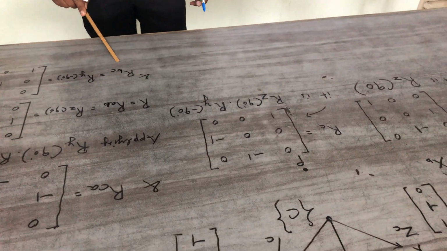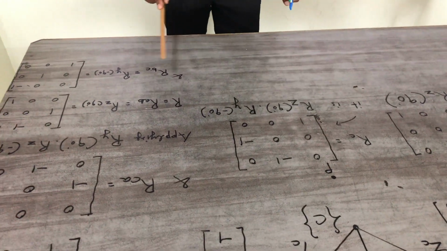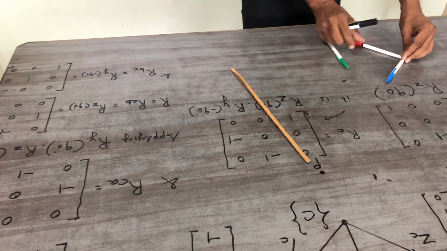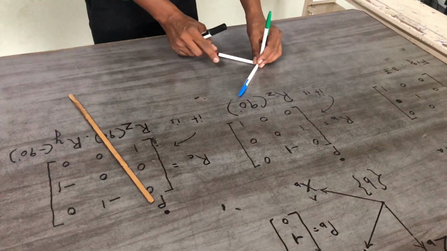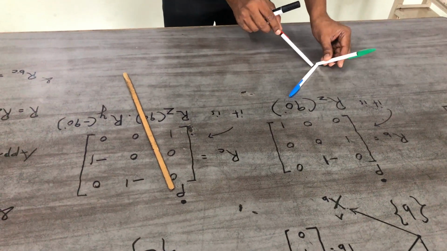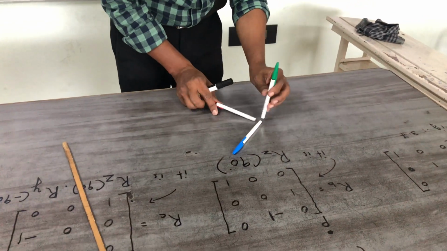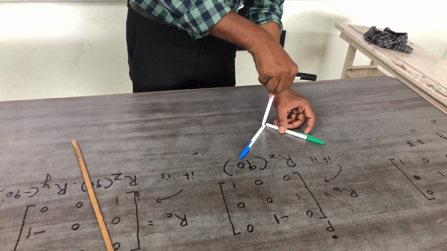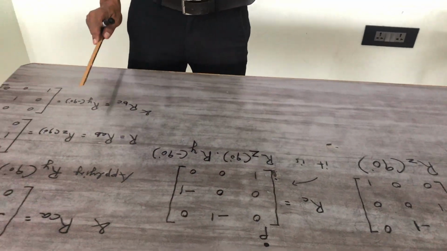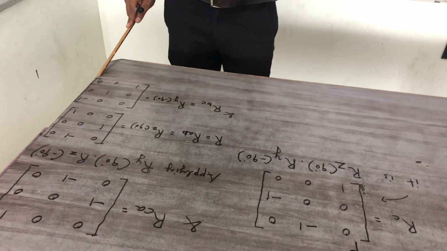And for RBC, the orientation of C with respect to B: this is the B frame with X, Y, Z, and we want to make the C frame by rotating X to Z. So RY minus 90, which is 0, 0, minus 1, 0, 1, 0, 1, 0, 0.